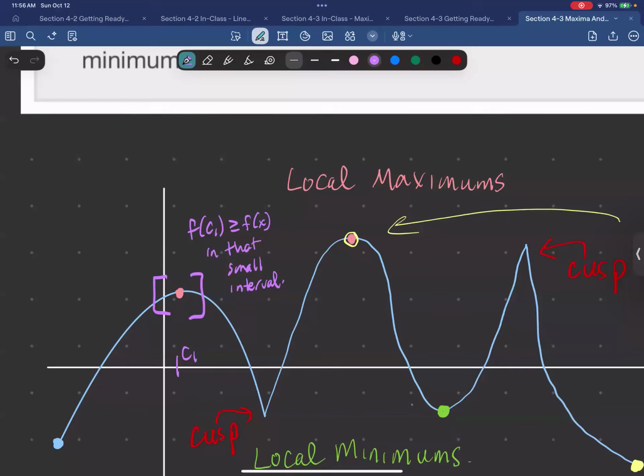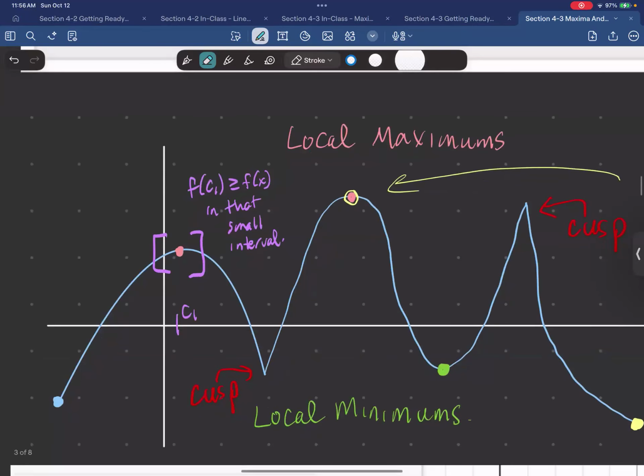Same thing down here. I wanted to cut off the line there, so let me do that. We'll have a little line cut off here where our interval is. We'll call this point c2. f of c2 is less than or equal to f of x everywhere in that small interval.